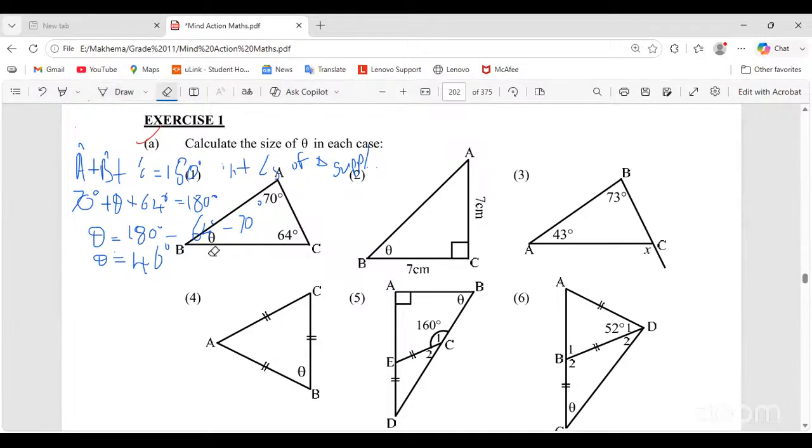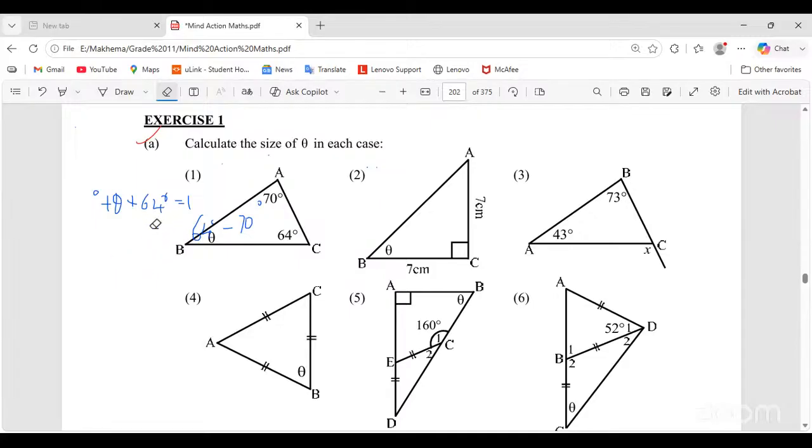Now let's go to the next one, which is question 2. In question 2, we have a triangle, and we note that this triangle is a right-angled triangle. What do we mean by a right-angled triangle?